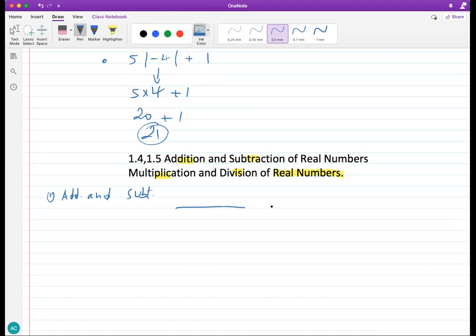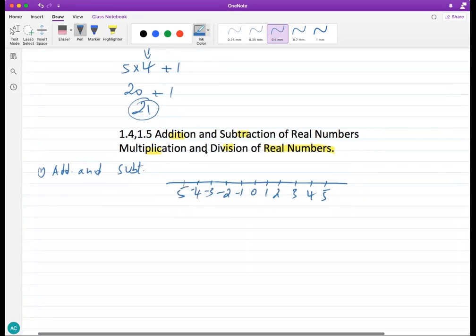We can clearly see the numbers and the signs when we use the number line. So again, it's 0 in the middle. You have 1, 2, 3, 4, 5. On the other side, we have -1, -2, -3, -4. And so on.